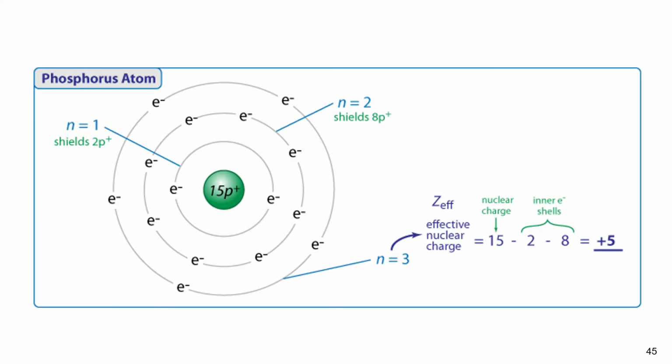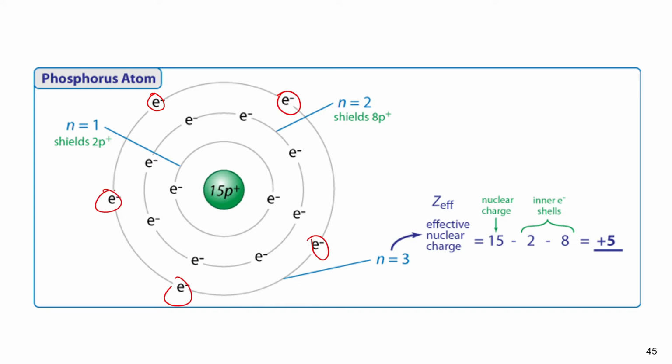Let's say this is phosphorus. Phosphorus has 15 protons, sorry, 15 protons and 15 electrons for neutral. So the valence electron is 5, because this is the valence electron: 1, 2, 3, 4, 5.